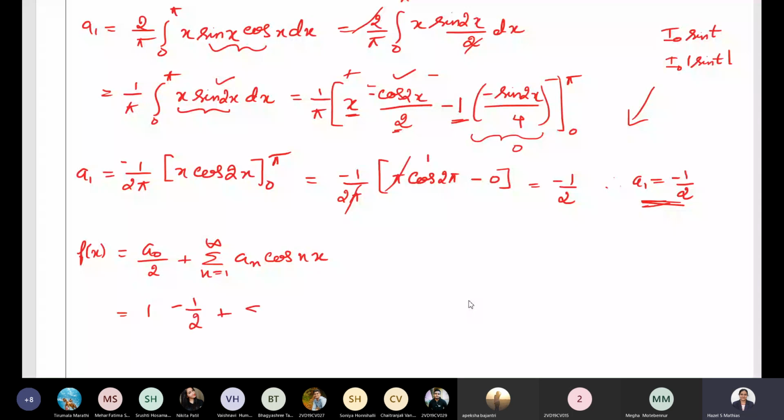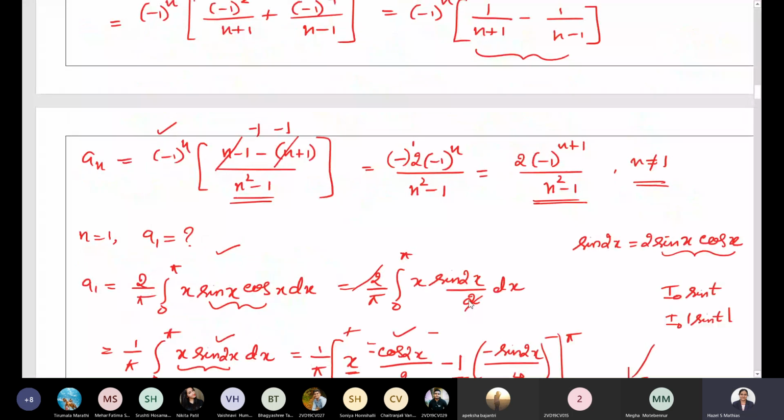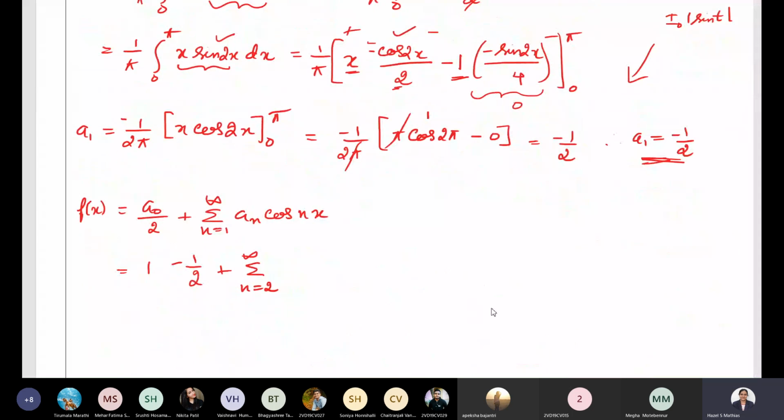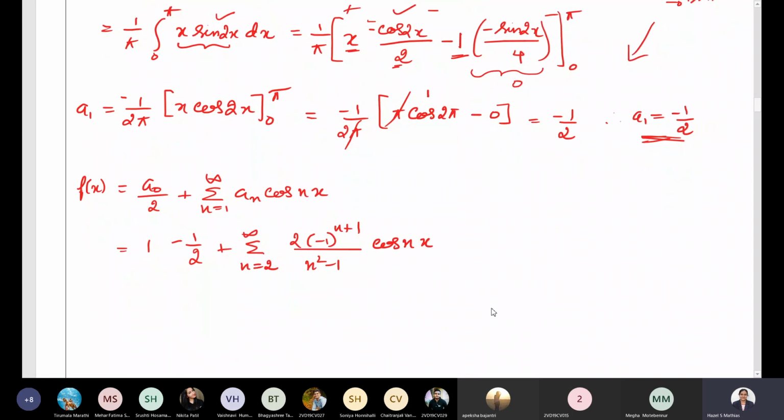Now the summation starts from n equal to 2 up to infinity. What is a_n? We have found out it is 2 into minus 1 power n plus 1 divided by n square minus 1, into cos nx. So what do we get from this now?